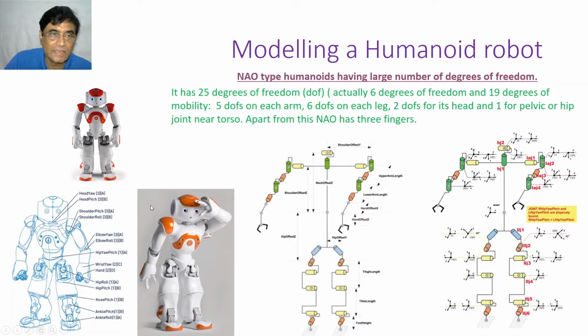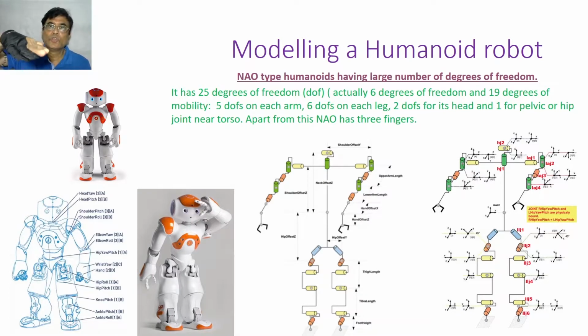This is how the robot looks externally, and you see there are two joints, head yaw and head pitch, and all these degrees of freedom are revolute type. Okay, that means they are rotating type.